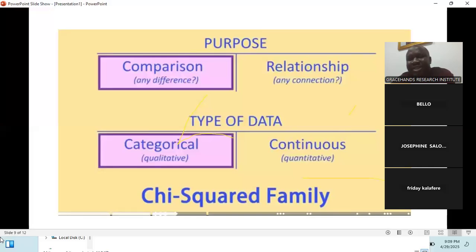There is a technique called descriptive analysis technique. I spoke about it in the last class. Let me tell you something. You cannot do analysis for any research work without descriptive.